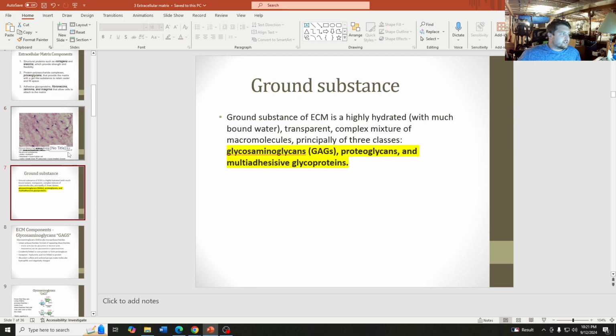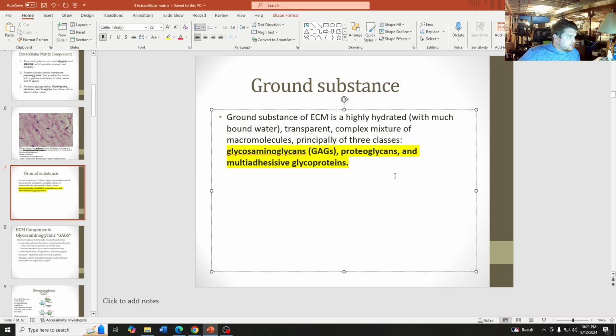We have this stuff called ground substance. Okay, so ground substance of the extracellular matrix. Let me get a specific definition for you.